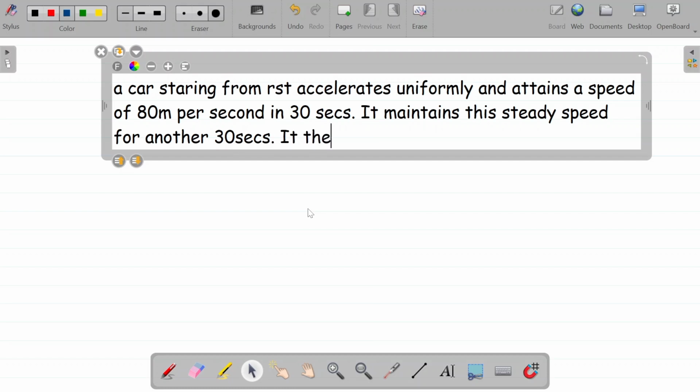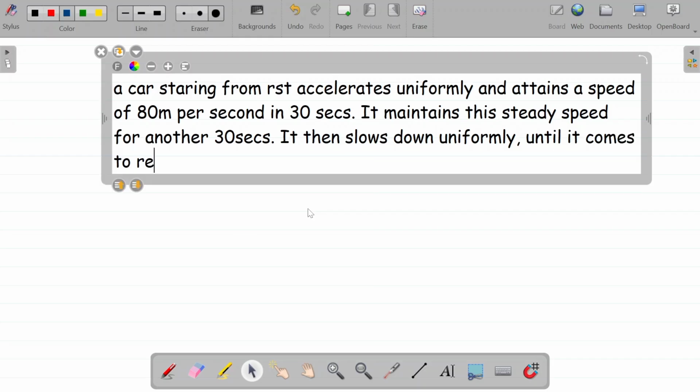It then slows down uniformly until it comes to rest in the next 40 seconds.